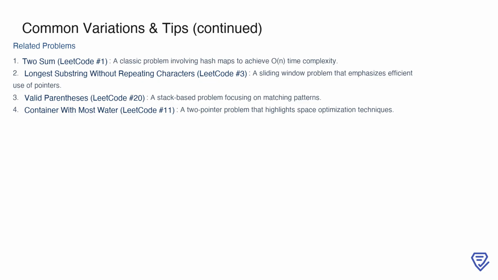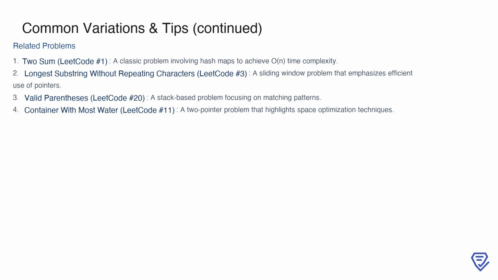To deepen your understanding, it's helpful to explore related problems that share similar patterns. For example, the two-sum problem, LeetCode number 1, is a classic example where hash maps allow you to achieve O(n) time complexity. Another important problem is longest substring without repeating characters, LeetCode number 3, which leverages the sliding window technique for efficient pointer management.